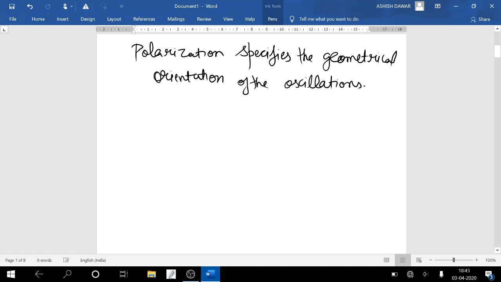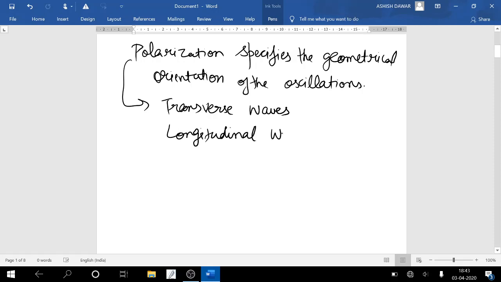Okay, so polarization is particularly applied to transverse waves, and longitudinal waves do not exhibit polarization.